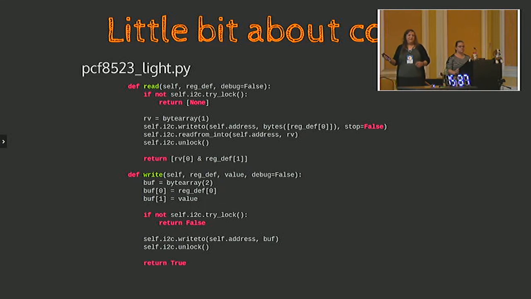This is very much what you would have done in assembly language or something like that, except here we do it in Python. It's a bit easier in Python, but this is still something that you usually don't want to do. Same thing for writing. We just write values directly to the registers. This is what it costs to have a lighter version of the library. You have to address the registers directly. But it works.